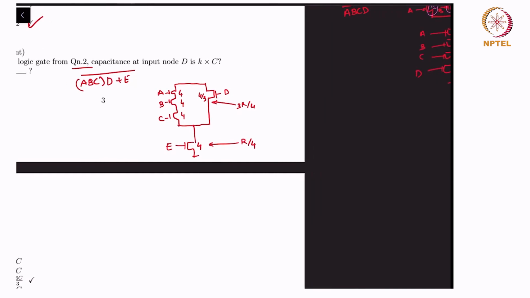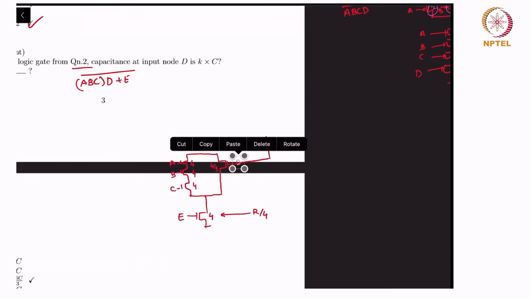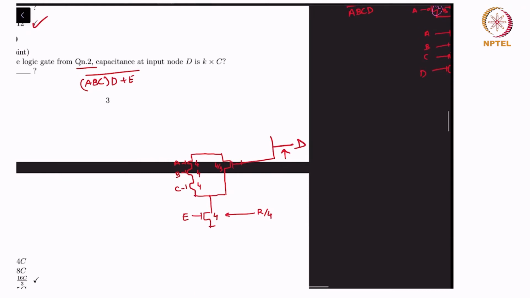So we are asked what the capacitance that corresponds to the input node D is, right? So the input node is this guy. So it goes to an NMOS and a PMOS. What is the capacitance at that node?